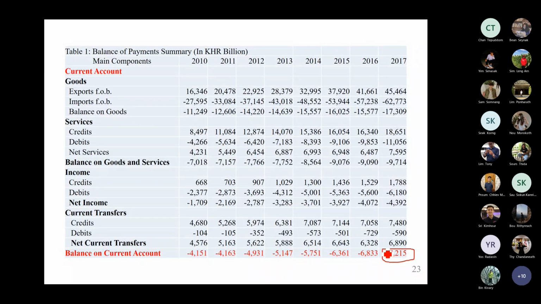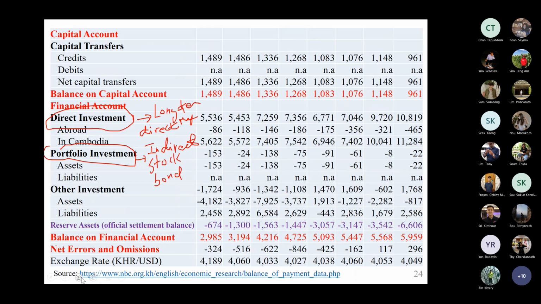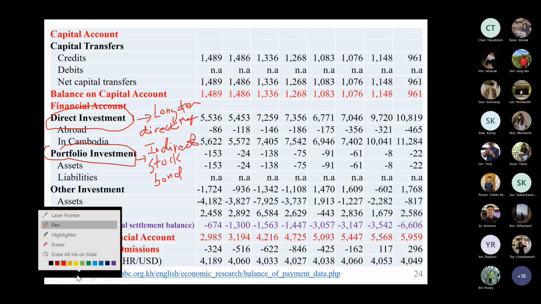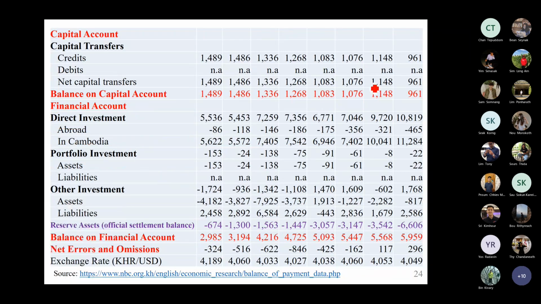The balance in the capital account is 961, and then we add the balance in the financial account, and then add this error adjustment. You will see that the number would be 0.